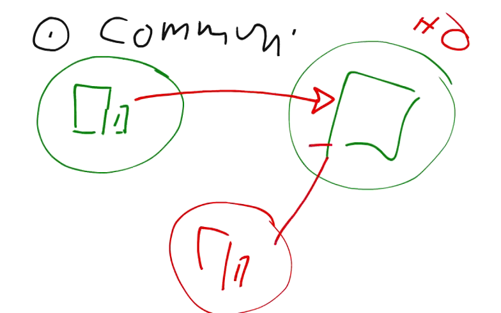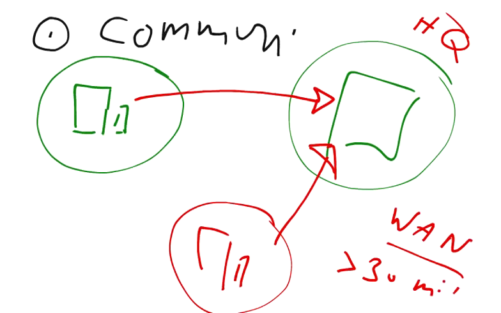So, we can create a network between the branch offices and the headquarters, and if the distance between them is greater than 30 miles, then this is an example of a WAN.